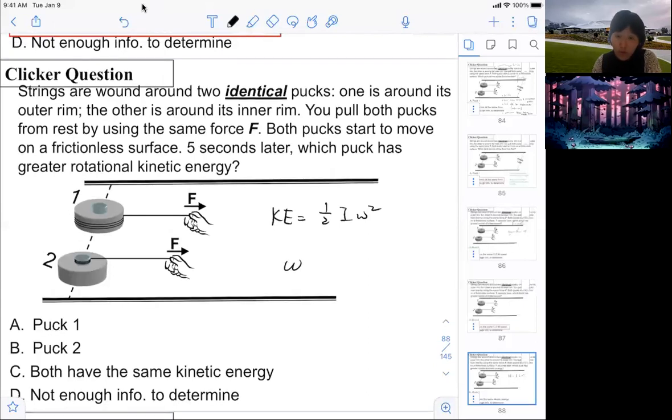Omega, the angular velocity, just a reminder, is angular acceleration times time. Okay? So if you need that information.